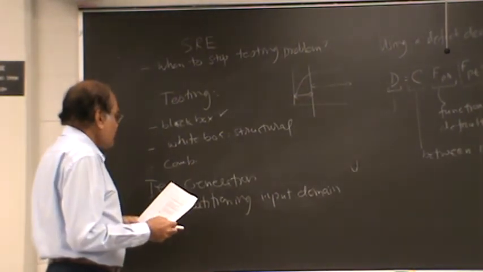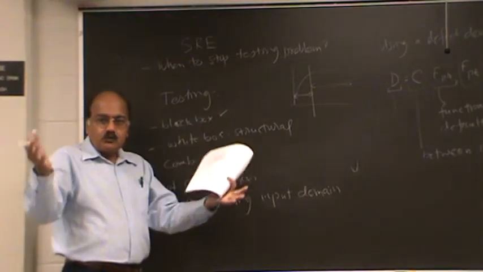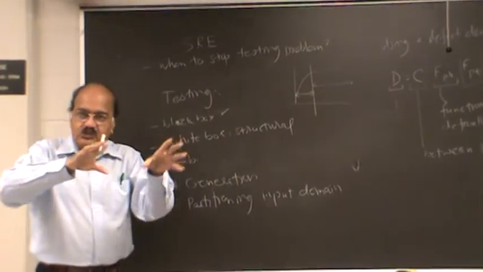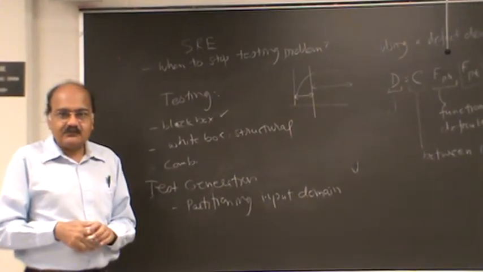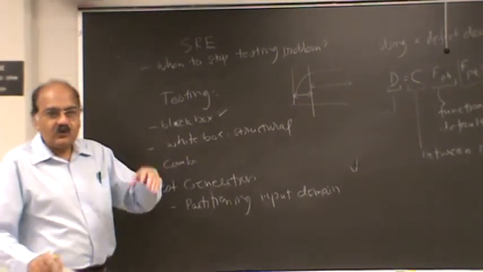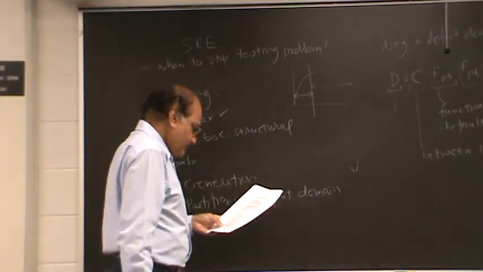Basically you have a big input domain, and your tests could come from somewhere. You want to make sure that you test all different aspects of the software. So you divide your input domain into partitions and draw tests from different partitions.